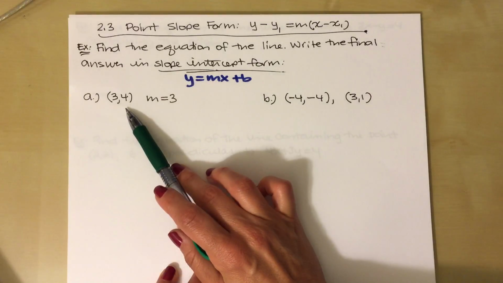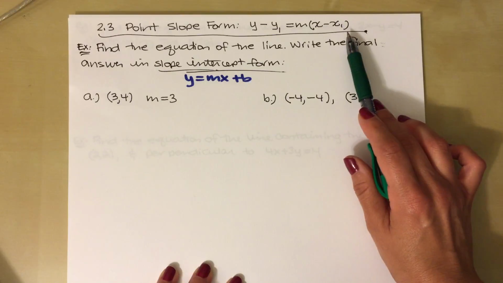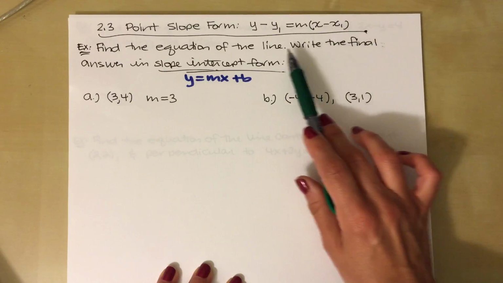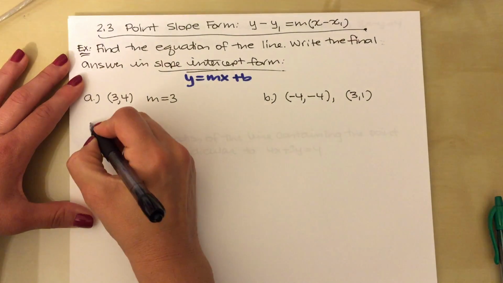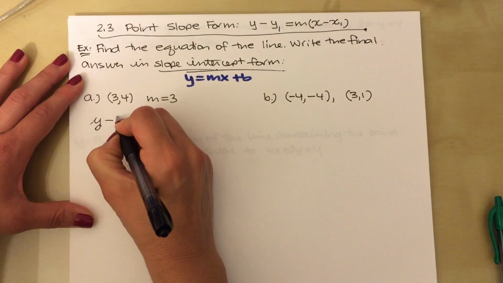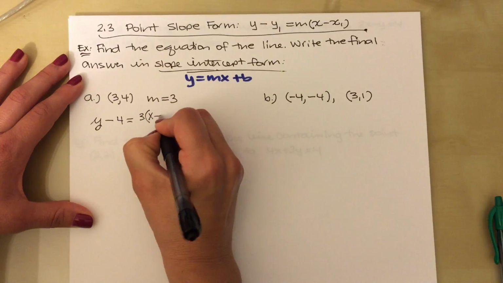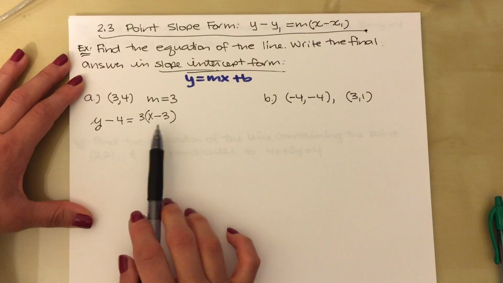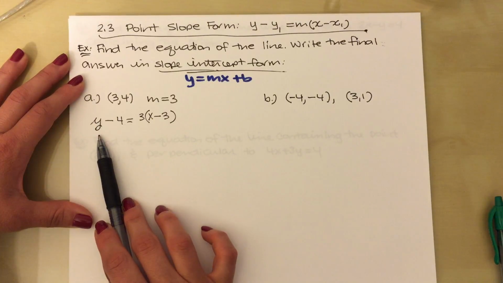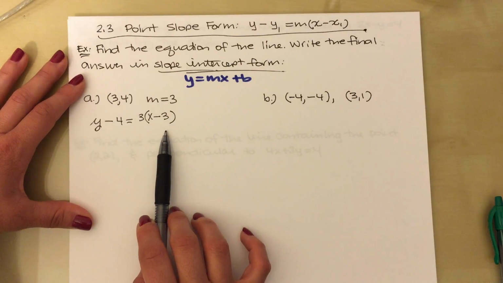And (3, 4) is the ordered pair that you have to substitute for x1 and y1. Notice that I don't input anything for x and y. Those will stay the way they are.